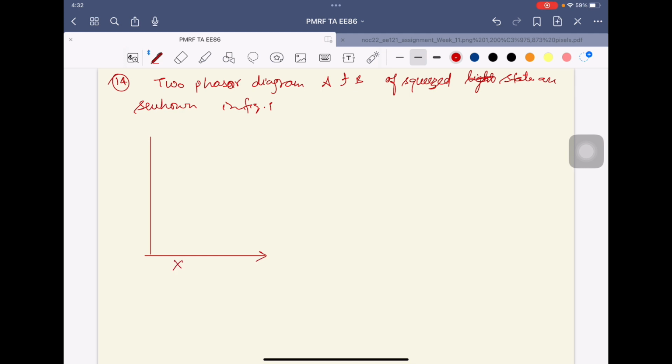This is the x1 quadrature and this is the x2 quadrature. So the phasor is given something like that.